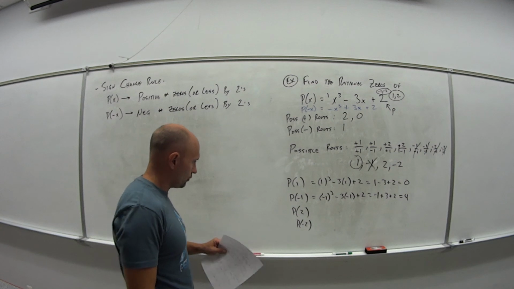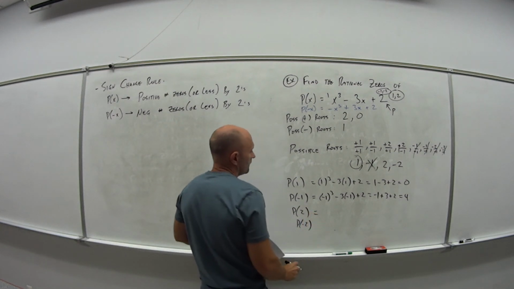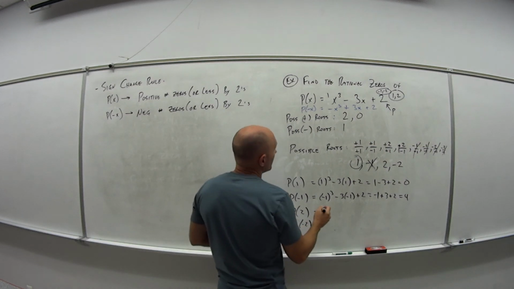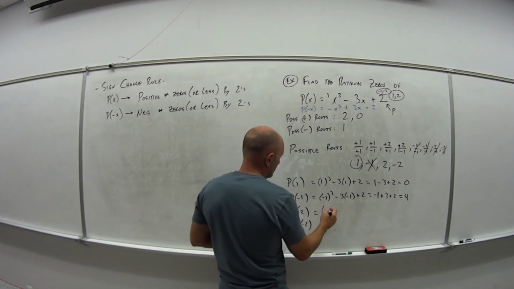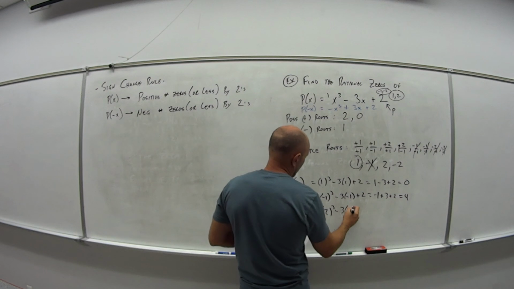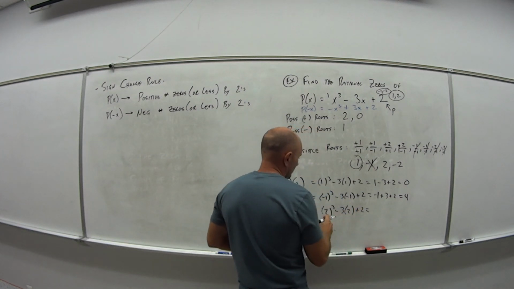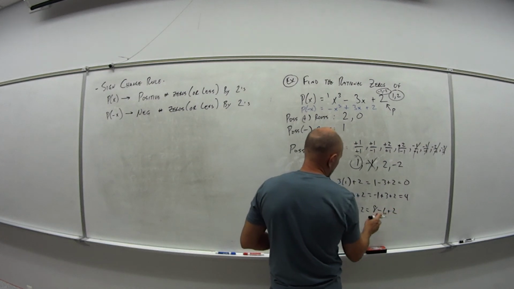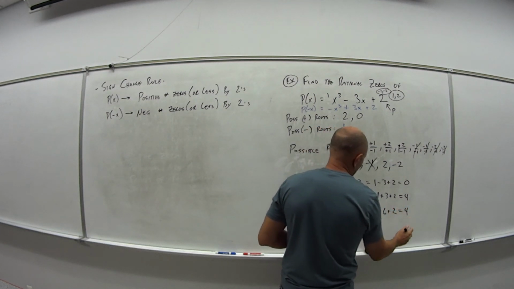How about 2? If I plug in 2, I get 2 to the third minus 3 times 2 plus 2. That's 8 minus 6 plus 2, that's 10 minus 6, that's also 4.